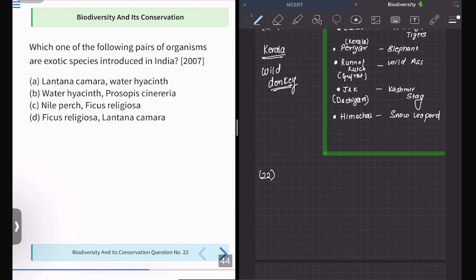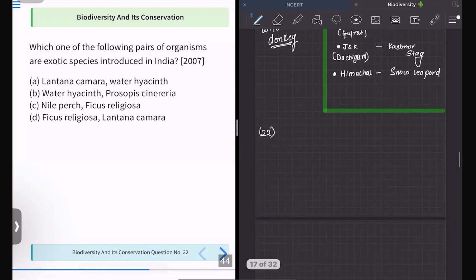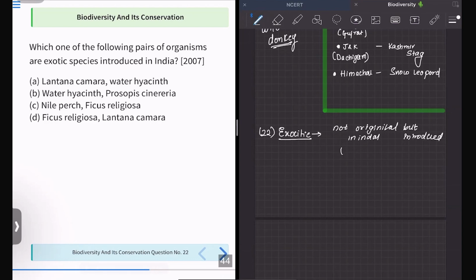Okay, so first of all, to solve this question, you should know what exotic species are. But even if you don't know, they have given in the question itself that they're introduced in India. That means exotic species are not originating in India, but have been introduced and originally belong to some foreign land.